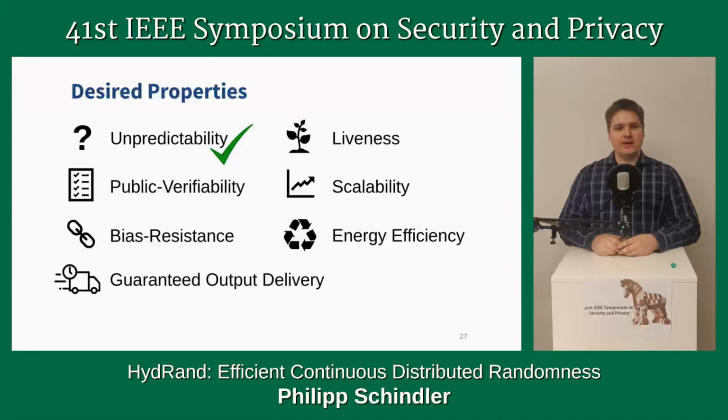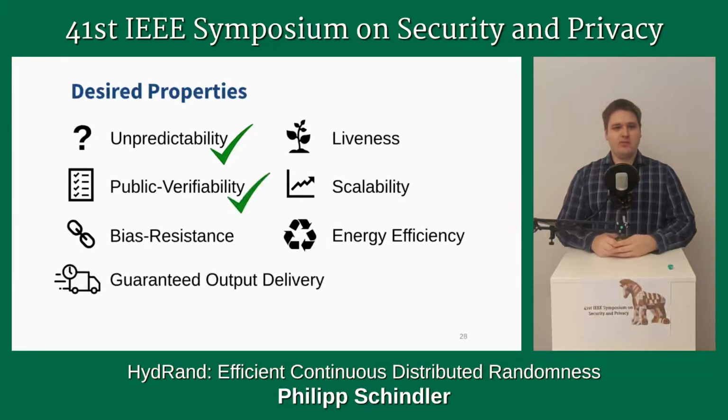For all nodes running the HydRand protocol, public verifiability is immediately guaranteed. However, external verifiers can also easily check a produced protocol output for a particular round using the leader's proposal and 2f+1 confirm messages for the corresponding round. In our paper we proved that HydRand also achieves bias resistance and guaranteed output delivery.